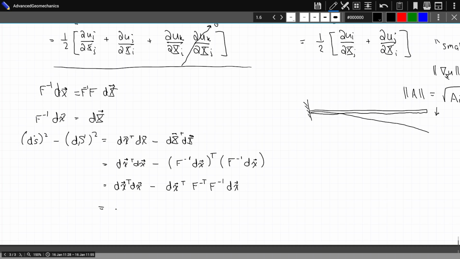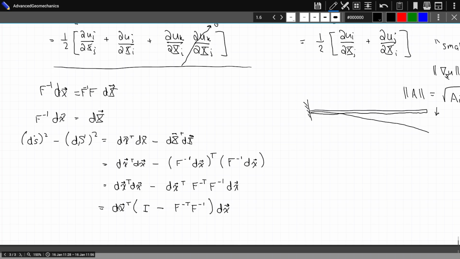And then we can factor out the dx: dx transpose times the identity matrix minus F inverse transpose times F inverse, times dx.